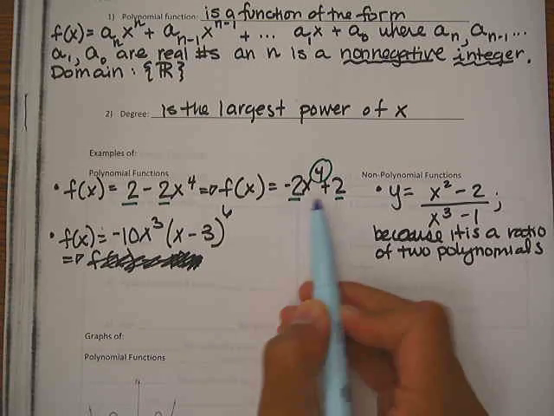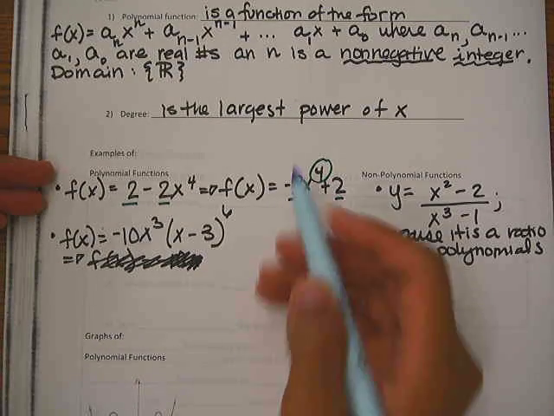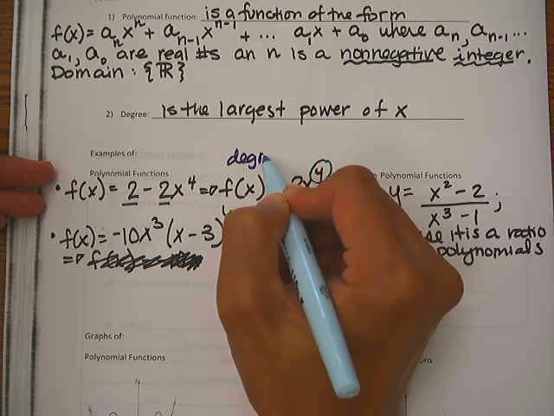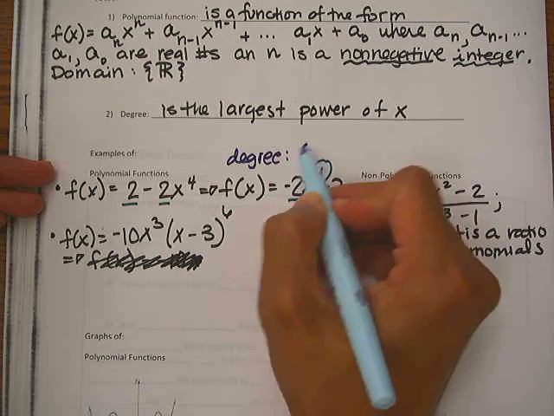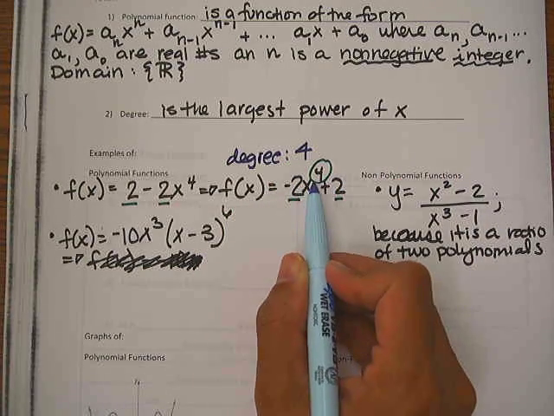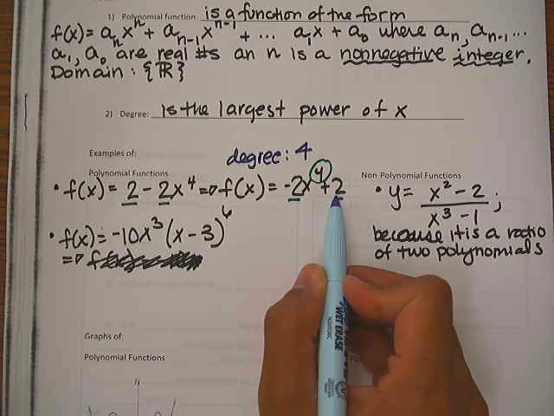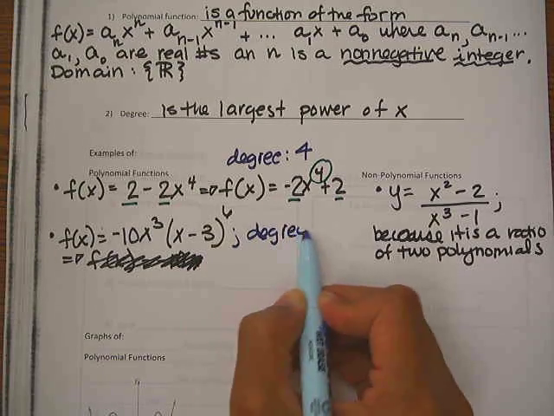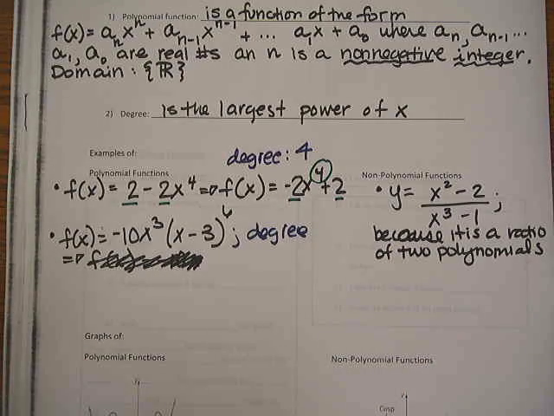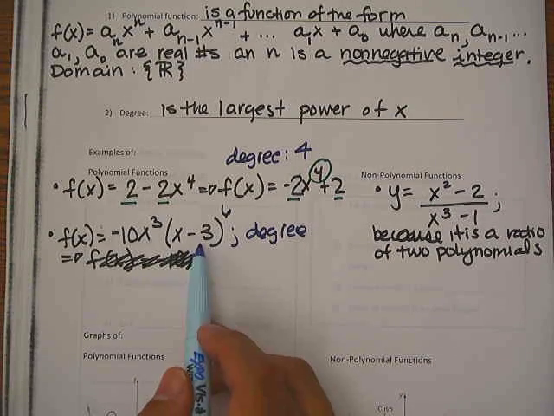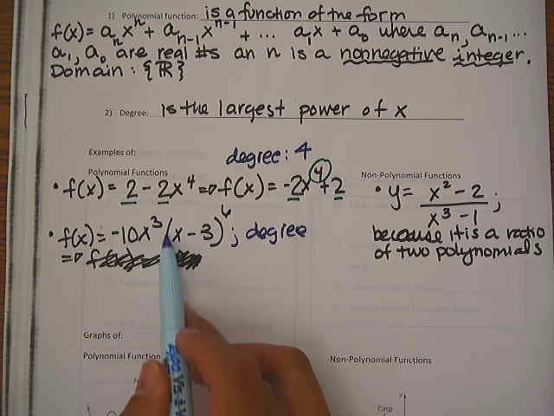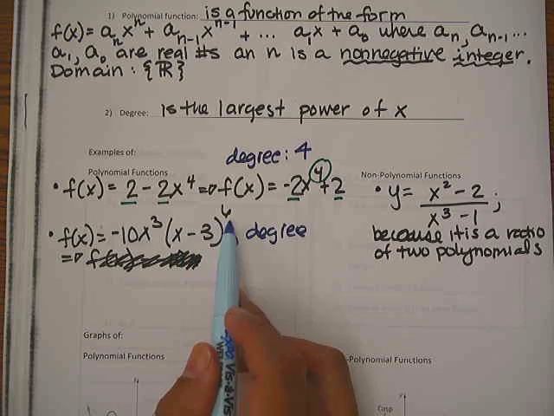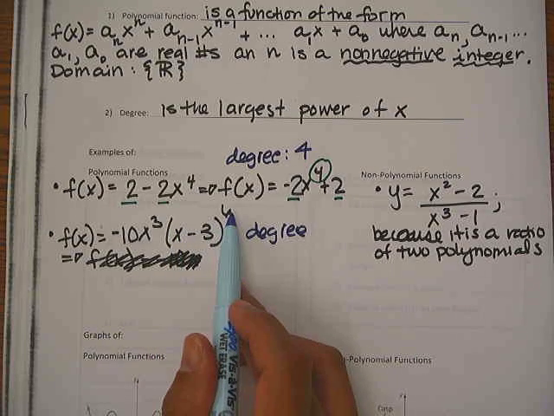Notice how when I write it in order, this has a degree of 4 because that is the largest power of x that I have. This one doesn't have any power. This one should have a degree of, are you ready? If I were to sit here and multiply it out, my very first term should have a power of 6.